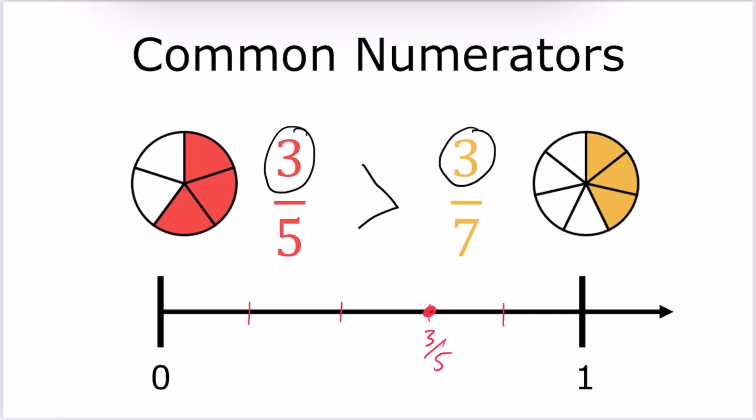And then if I wanted to model the fraction 3/7, I would take the distance from 0 to 1 and split it up into 7 pieces. And 3/7 would be about right here. And again, you can see that the 3/7 is smaller than the 3/5, because when you split the distance from 0 to 1 up into 7 pieces, your pieces are smaller.